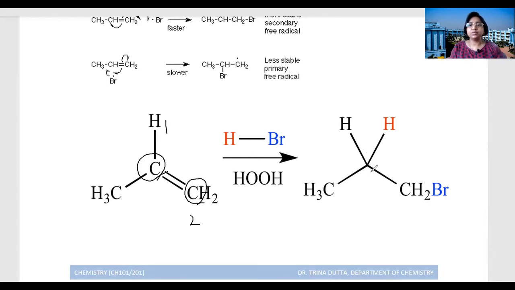So here the hydrogen will be attached with the carbon which has the least number of hydrogen, and bromine will be attached with the carbon which has the maximum number of hydrogen. That is just opposite of the Markovnikov rule, called the anti-Markovnikov rule.